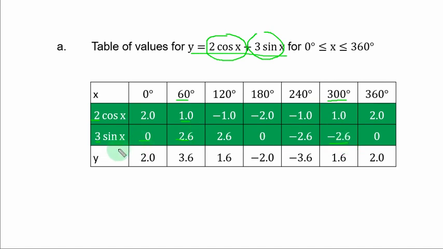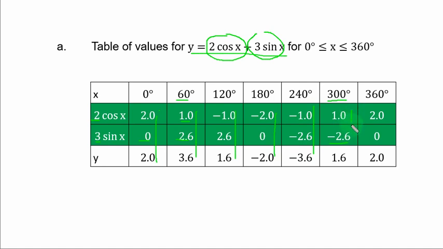To get the y value, you need to add. So if you add 2 to 0, you have 2.0. If you add 1 to 2.6, you have 3.6. If you add minus 1 to 2.6, you have 1.6. If you add these values, you get this. You add these values, you get minus 3.6.